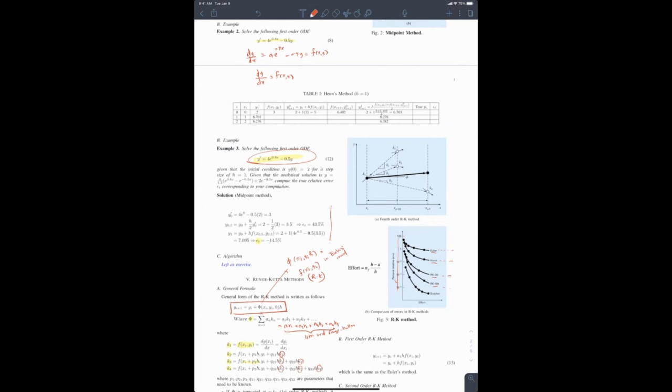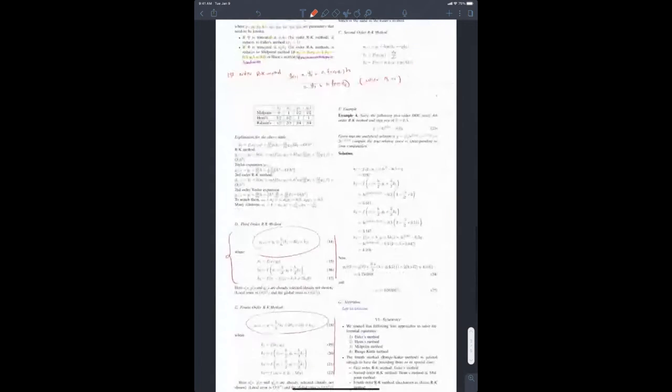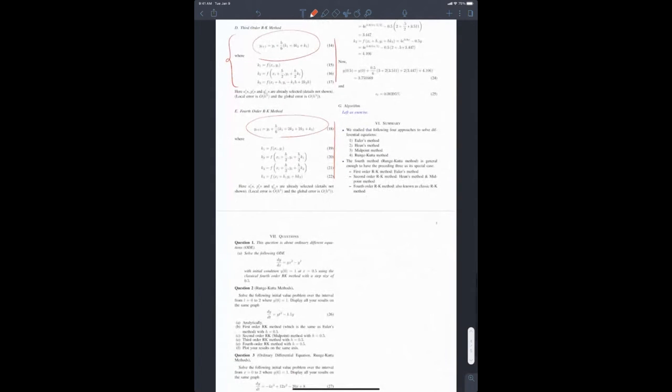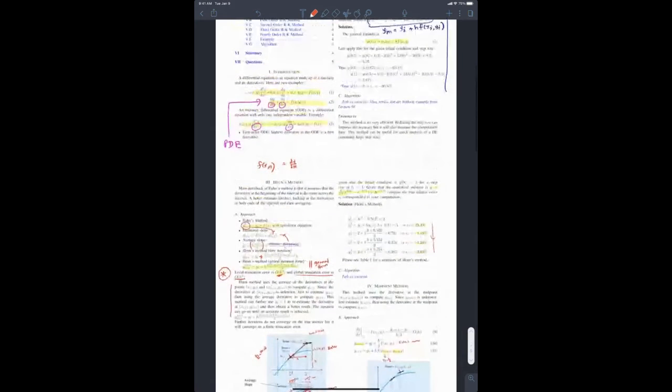You can see how the error reduces as you do more iterations, and you will obviously see that the Runge-Kutta fourth order method is going to do much better. You can always compute the absolute error because the true solution is known. So that's it for numerical methods for solving differential equations.